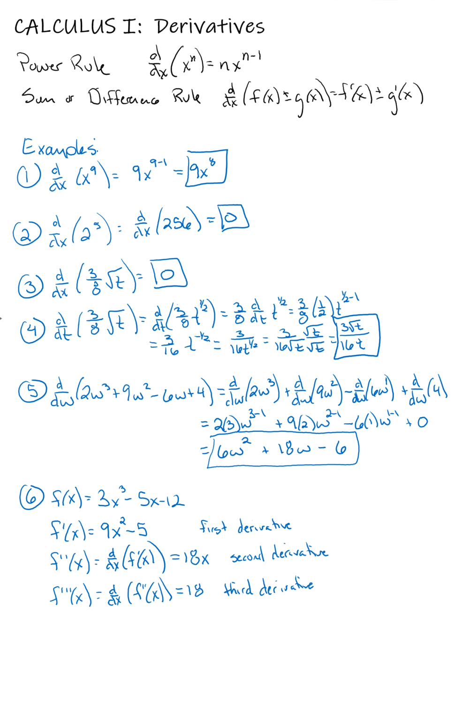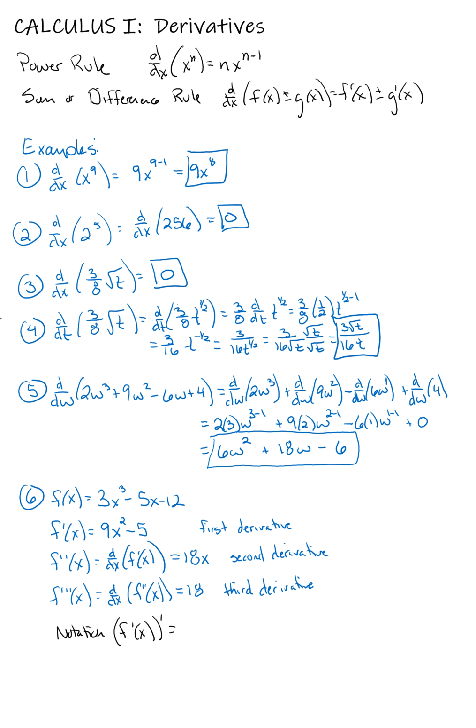Now we could continue on. I can take the fourth derivative and so on. But how do we denote that? Let me go over the notation for this. So if you want to take the derivative of a derivative, so I've got f prime, I want to take the derivative of that.